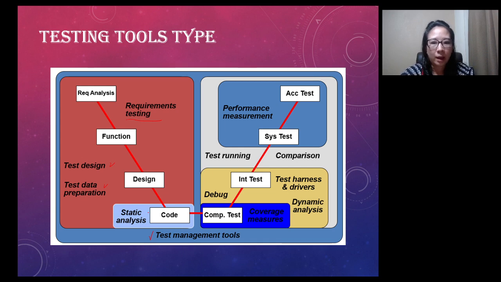And then we can also have static analysis tools. If you remember, in testing we have white box testing and black box testing, right? The black box testing is more on the requirement, and the white box is more on the coding.